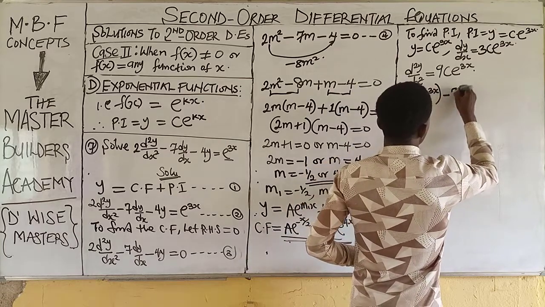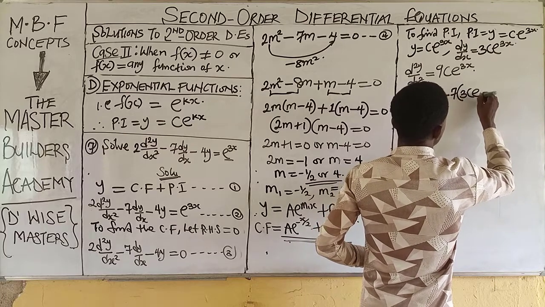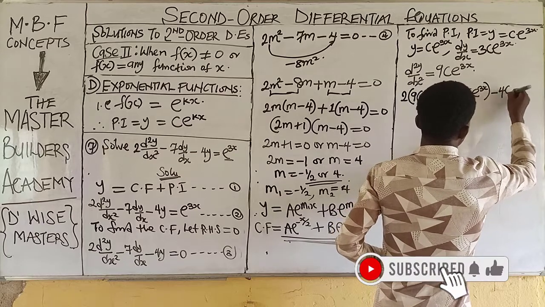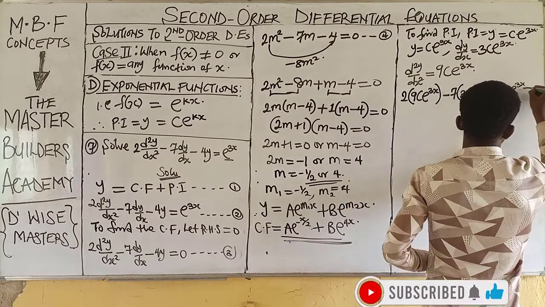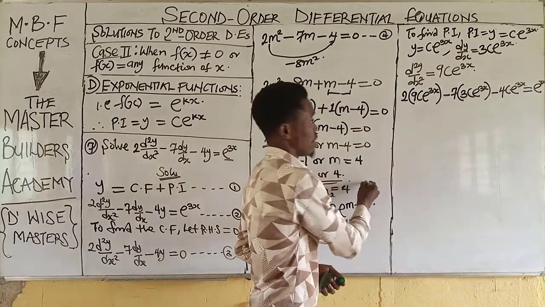Then minus 7 multiplied by 3xc exponent 3x. Then minus 4 multiplied by c exponent 3x, all equal to exponent 3x. This is what we have.